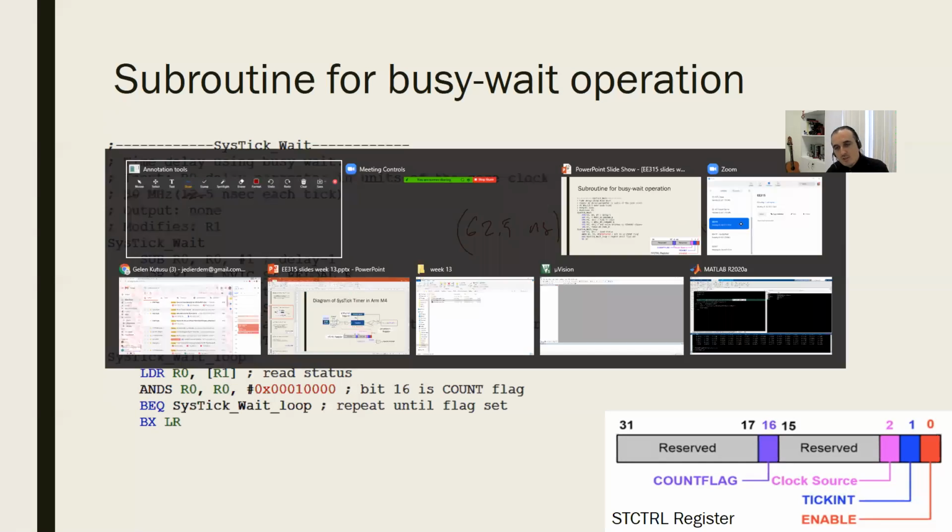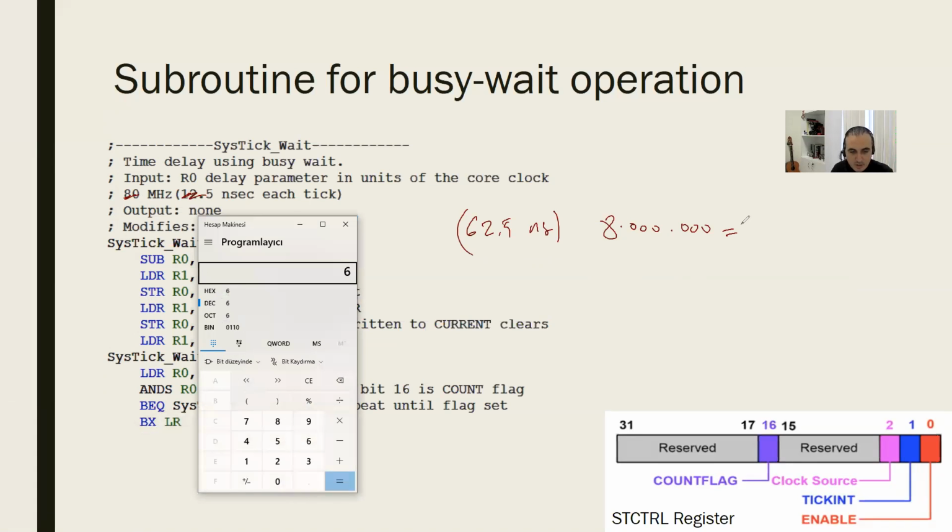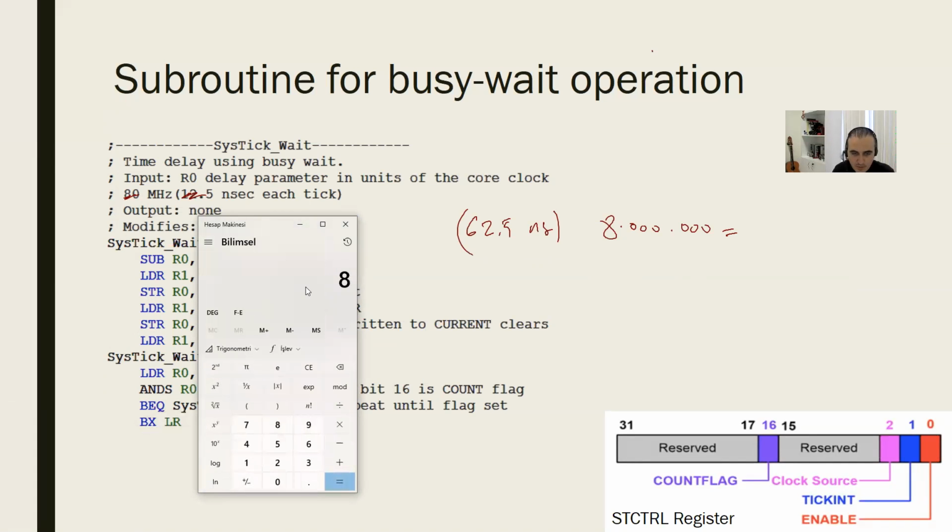Since this is 1 over 16 million, it's very easy to calculate, but I'm going to do it in the calculator as well. 8 million times 62.5 is 500 million nanoseconds, or 500,000 microseconds, or 0.5 seconds, half a second. So this will wait for half a second.